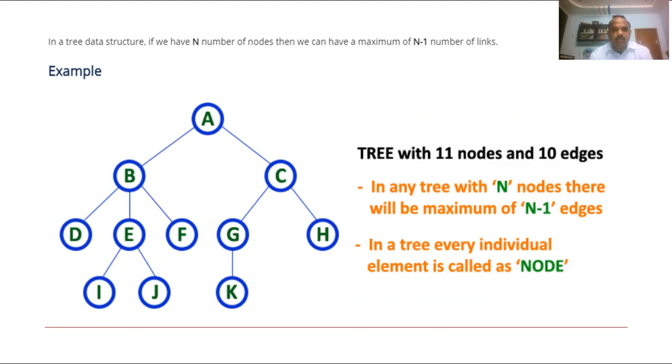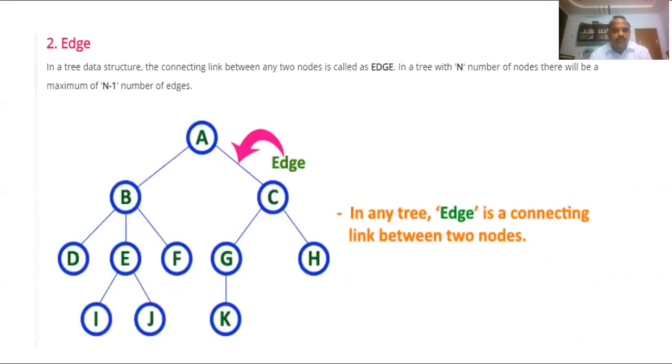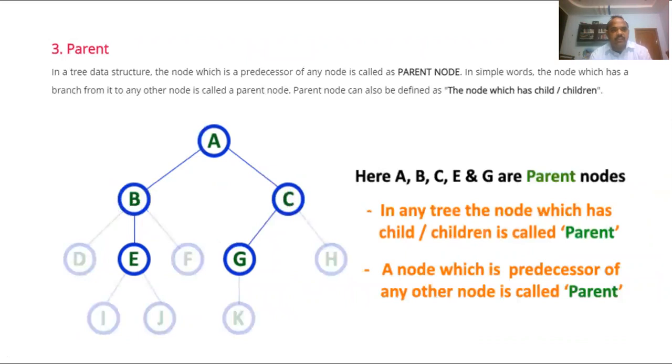The tree contains how many nodes? Here 11 nodes. How many edges? N minus 1 edges. That is 10 edges. So these are the terminologies. Root, which is the starting node, that is called the root node. Edge, this is a connection from one node to another node, that is called an edge.